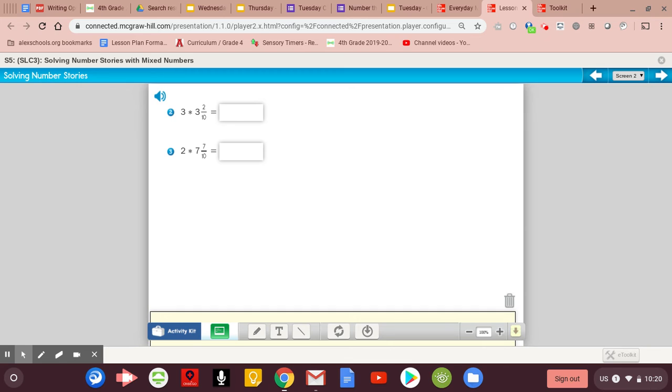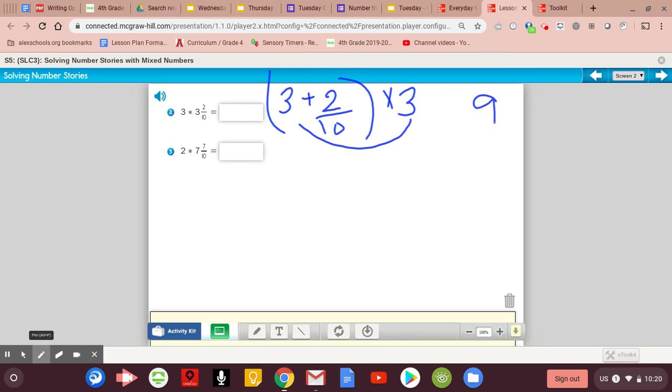So I am going to take my 3 and 2/10, and I'm going to make it 3 plus 2/10, and then I'm going to multiply by 3. So 3 times 3, I know, is 9. And then 3 times 2/10.